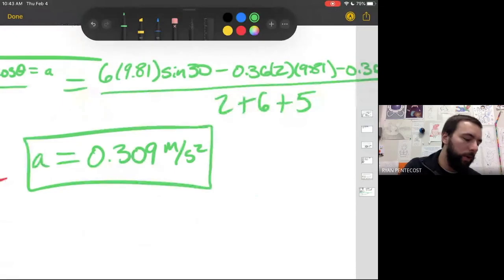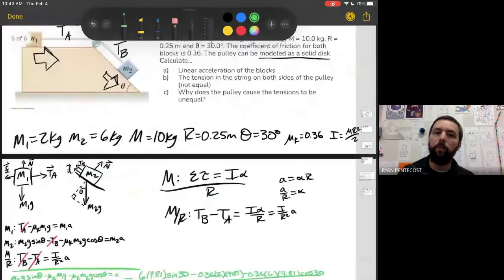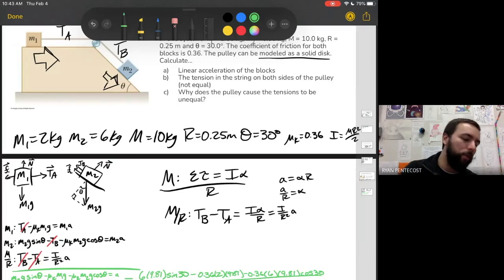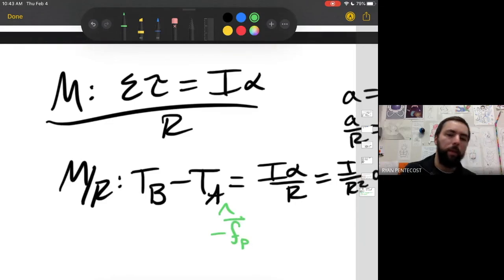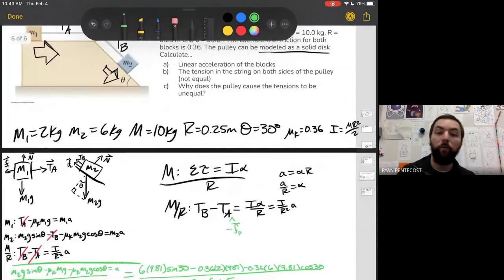So that's how we can find the linear acceleration of a system of blocks and pulleys in a real pulley world. Now, we didn't include any friction in the pulley, but that would just be taken into account in your summation of torque. Then in there, you would just have minus friction for your pulley.